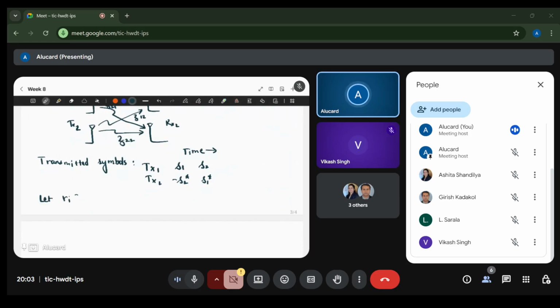Let R_in be the received symbol at antenna i at time n.